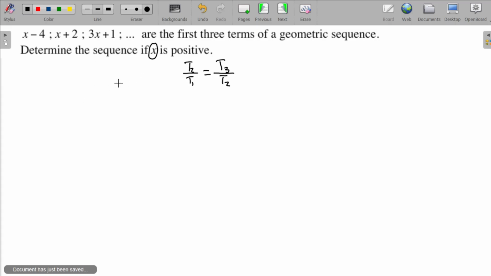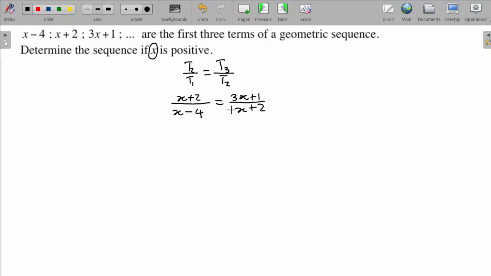So we're going to start by finding the value of x. After finding the value of x, we're going to take the value of x that is positive, and then determine our sequence. Now, my T2 in this case is going to be x plus 2, all over T1, which is x minus 4. Then this equals T3, which is 3x plus 1, all over my T2 as x plus 2.